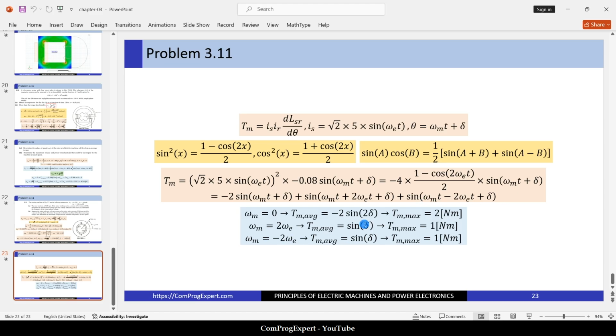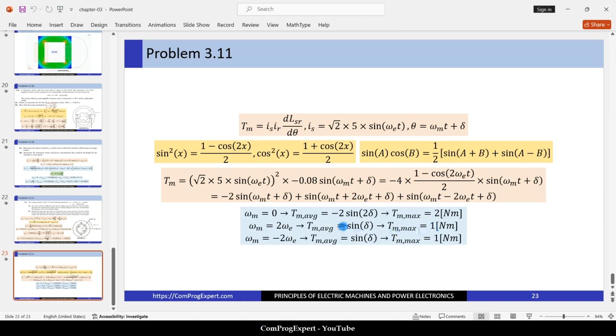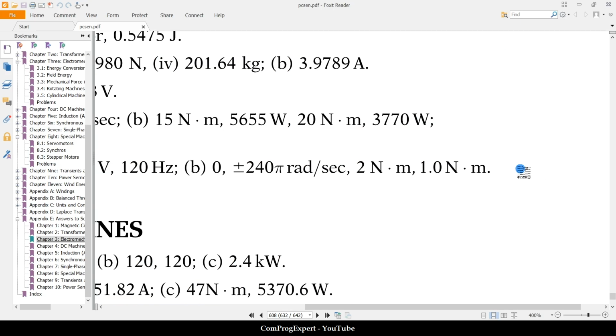It is sine of delta. What is the maximum one? Depending on the rotor position, that is equal to 1, the amplitude here. And similarly for omega m equal to negative 2 times omega e. You can check these numbers here.